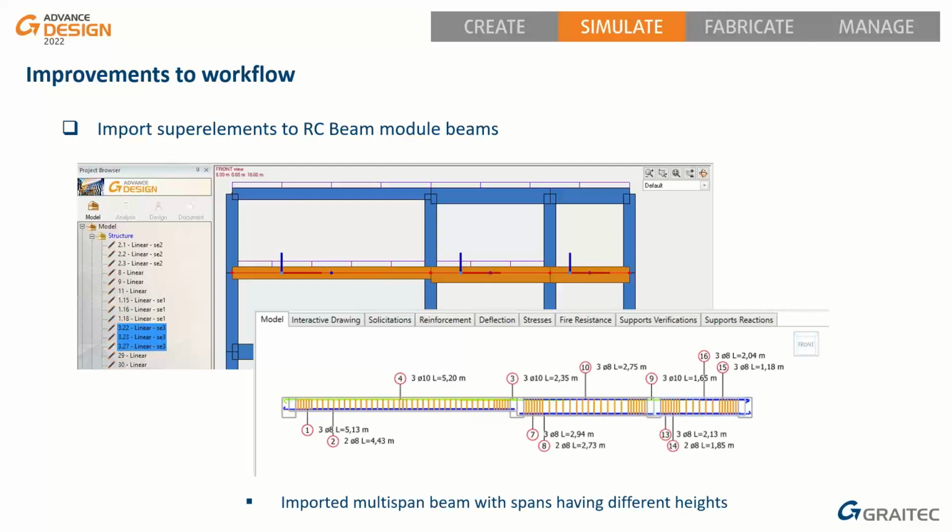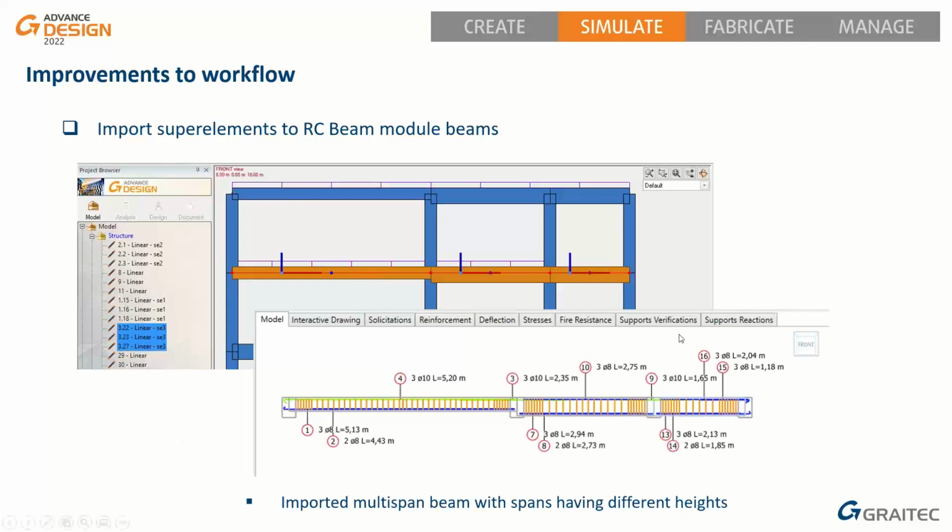Okay. The next point is related to improvements to workflows. The first one is related to import of the geometry of a continuous beam to the beam modules.